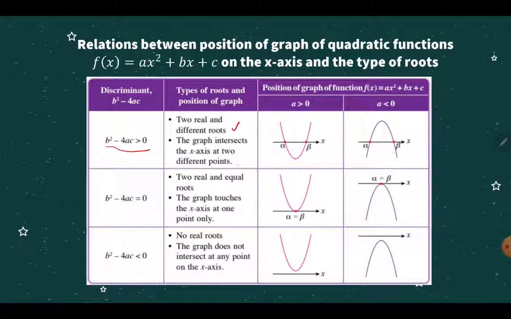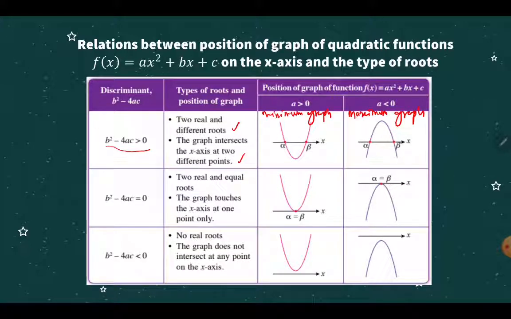And the graph intersects the x-axis at two different points. This is for a positive, minimum graph. And this is for a less than 0, in which it becomes a maximum graph.